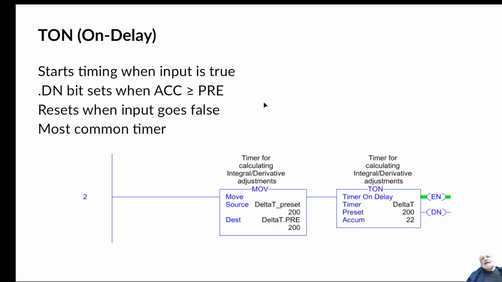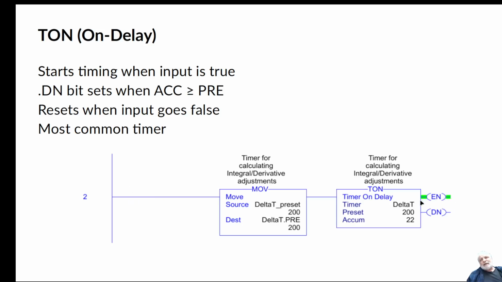So here is a timer on, and in this case, I'm using a move to move the preset value to 200. The accumulator is at 22. In this case, this timer is always on because there's no control over here to activate it. So it's always enabled.